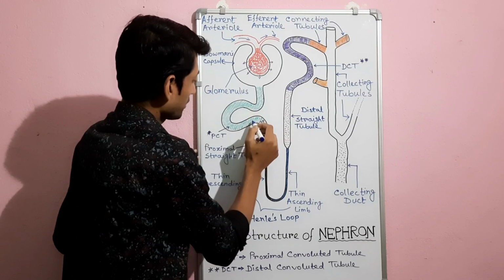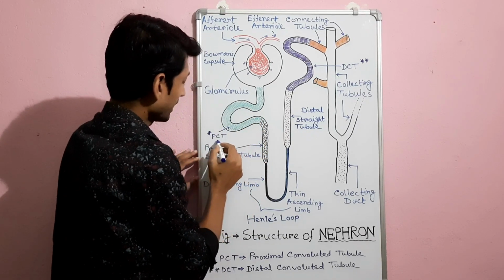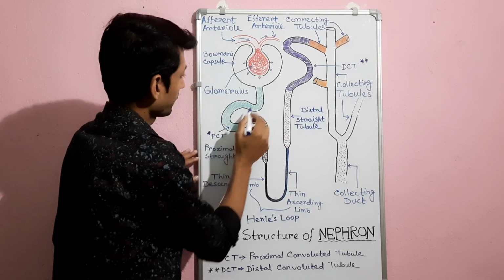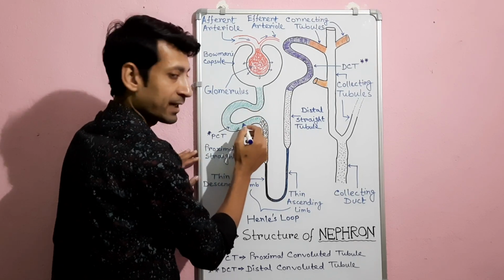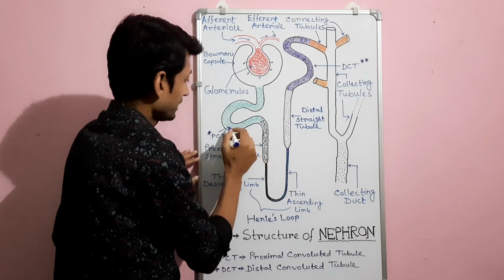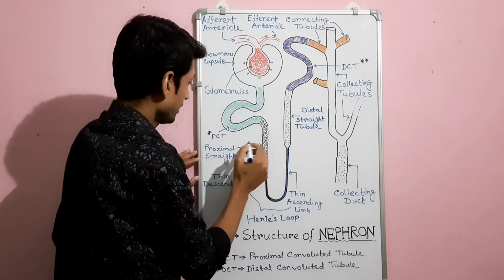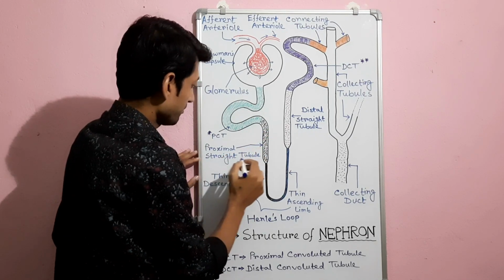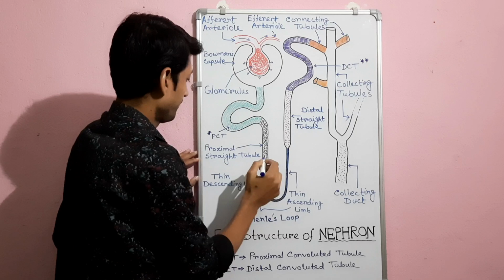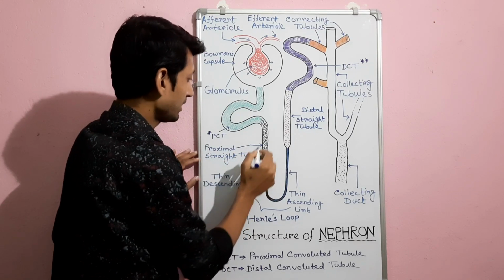This tortuous or convoluted zone is known as the proximal convoluted tubule. This zone is entirely located in the cortex region. Then it enters into the medullary ray and continues as the proximal straight tubule. This proximal straight tubule then enters into the medulla.